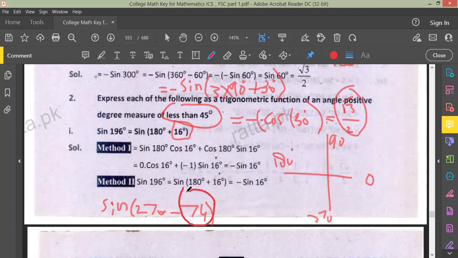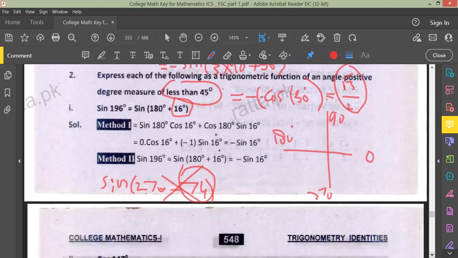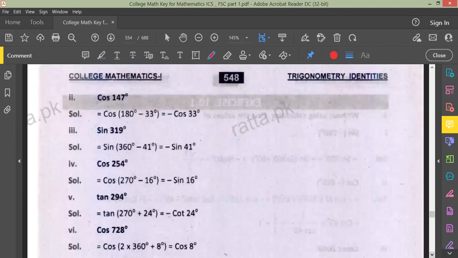So this is not less than 45, so you cannot use this method. Our second method is to write 180 plus 16. So simplifying, applying the first formula, sine alpha plus beta, sine alpha cos beta plus cos alpha sine beta, after putting the value of sine 180 is equal to 0 and cos of 180 is equal to minus 1, this will become minus sine of 16, our final answer of this question.